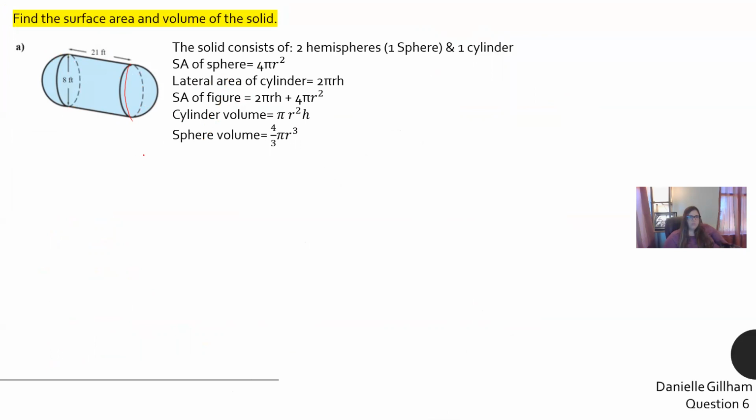So to find the surface area of the figure, you're going to have surface area of cylinder plus surface area of a sphere.